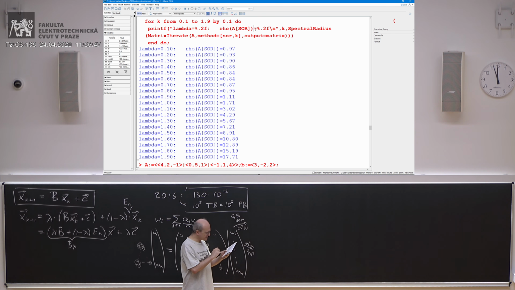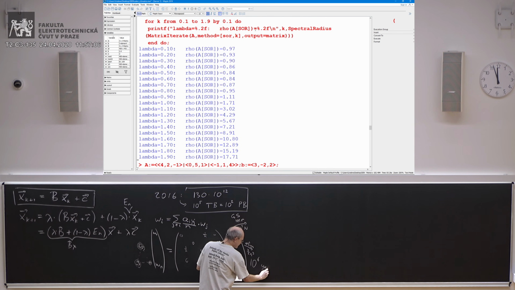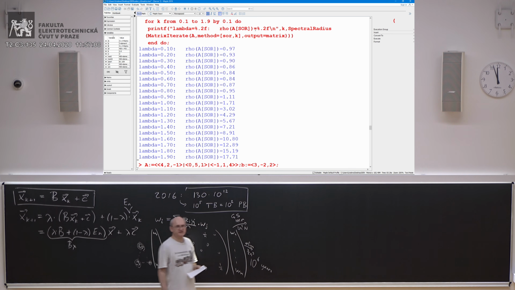In those days, they said they had something like 20,000 computers. That's a computer farm. So I picture 20,000 computers roaming the Great Plains and doing some work. And elimination would take something like, according to the calculations, 10 to the 6 years, which is 1 million years.